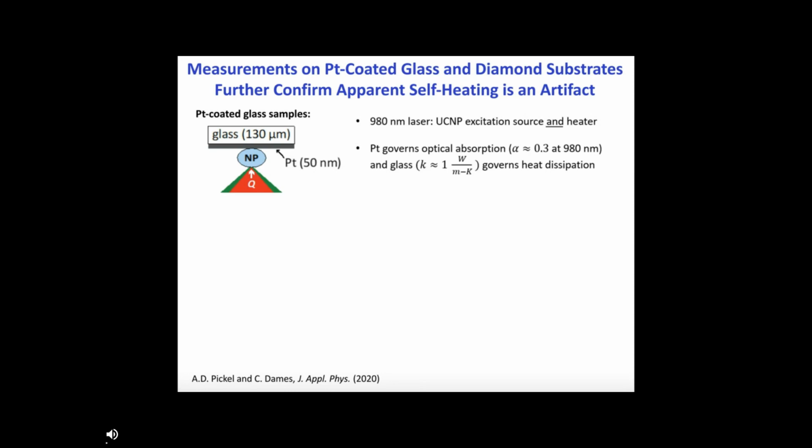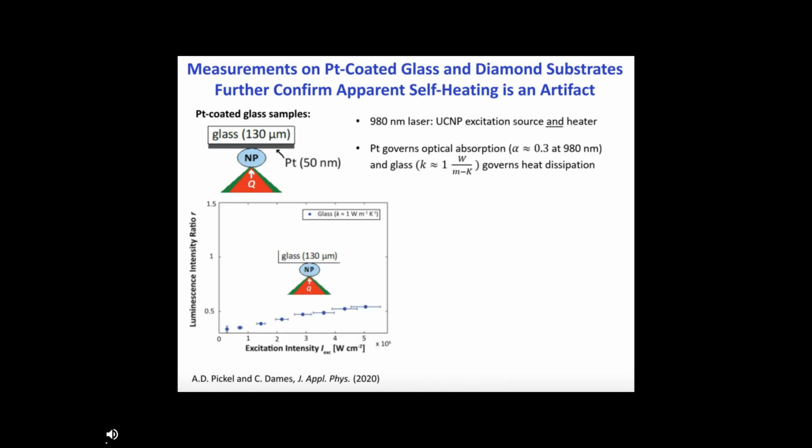The reason to do that is that the platinum, which is pretty absorptive in the near IR, will therefore absorb a decent amount of the laser light, but then we have this low thermal conductivity glass layer underneath that really is not a good heat dissipator. And so what that means is that we can get a temperature rise of hundreds of degrees when we shine a laser onto this type of sample.